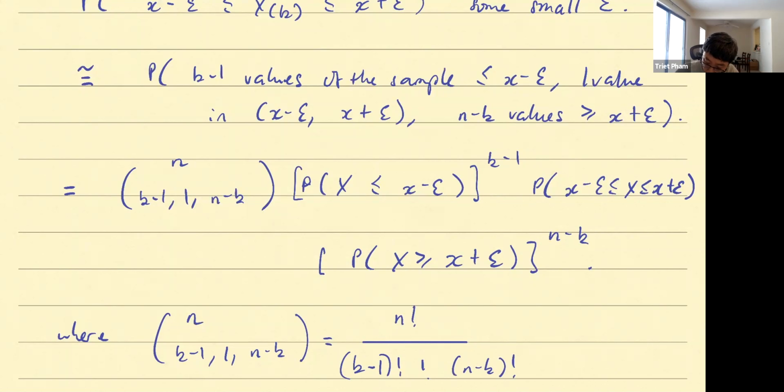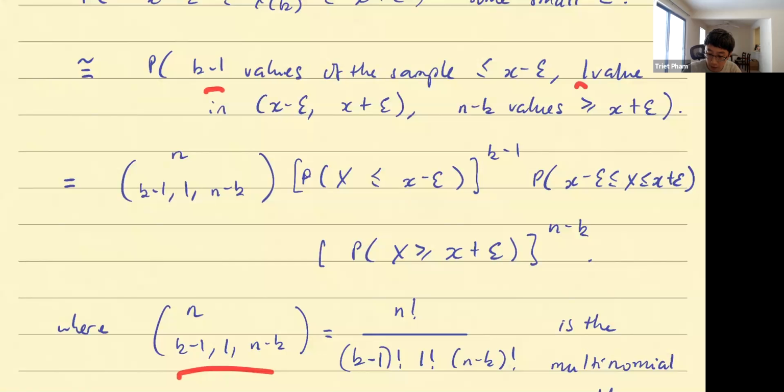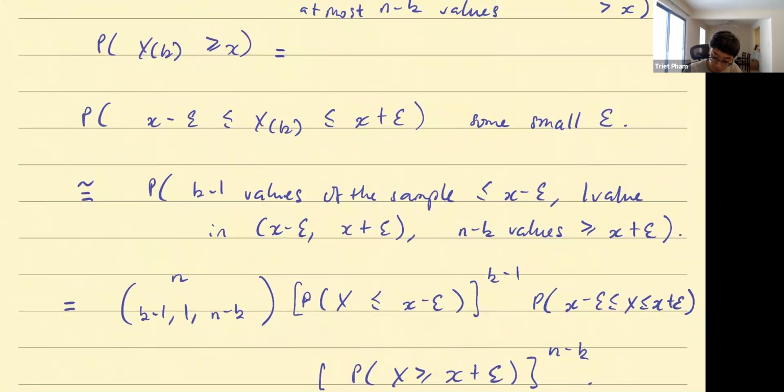This is the multinomial coefficient. It just demonstrates how many ways you can pick exactly this combination out from n values. Any question on this logic?